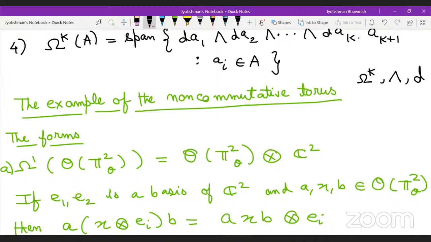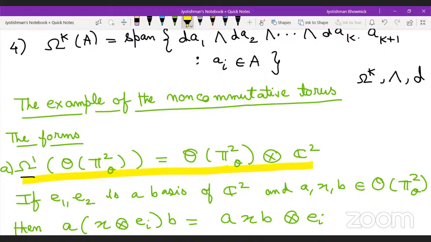Let's start with the space of forms, omega k. The one forms are actually like this.